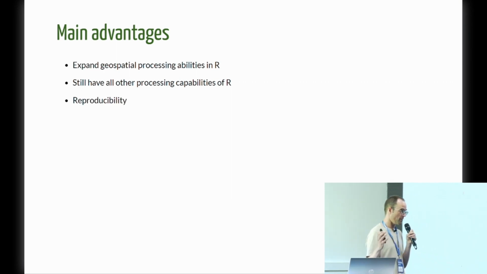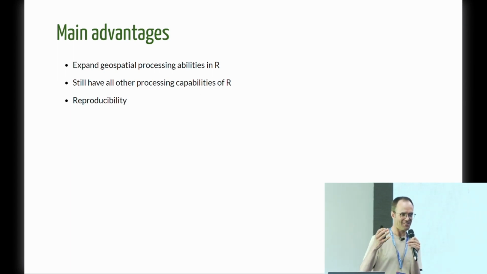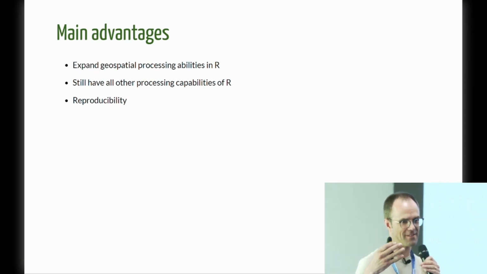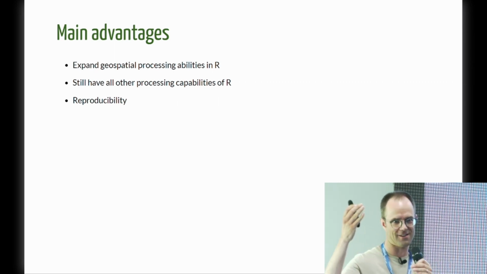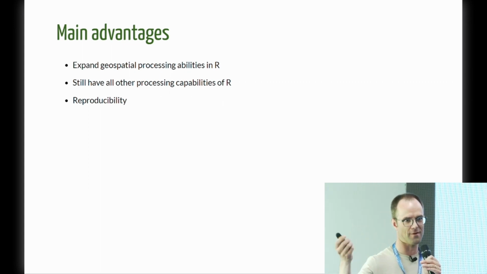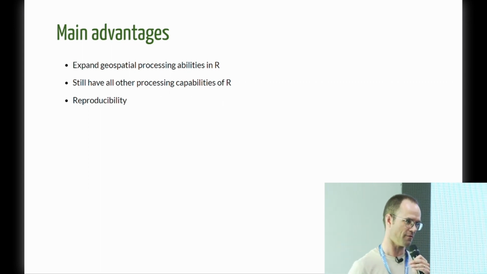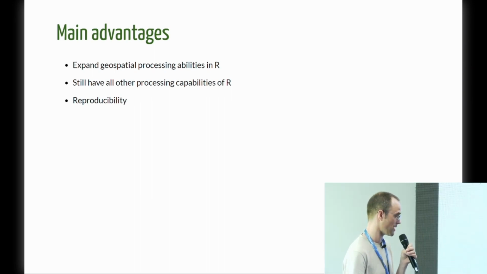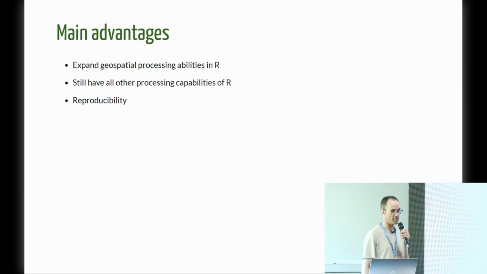By remaining in R, you gain more reproducibility because you make just a script. You have everything in there. You don't have to jump back and forth between different tools manually, so to speak. So you can really reproduce your whole workflow, and that's a really strong point, especially in scientific contexts.